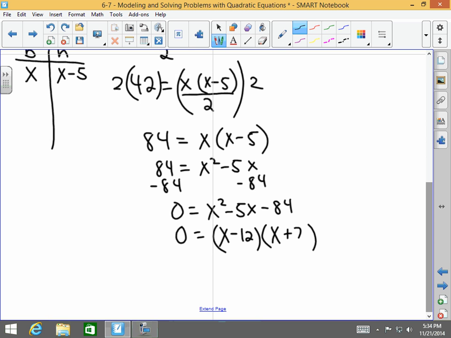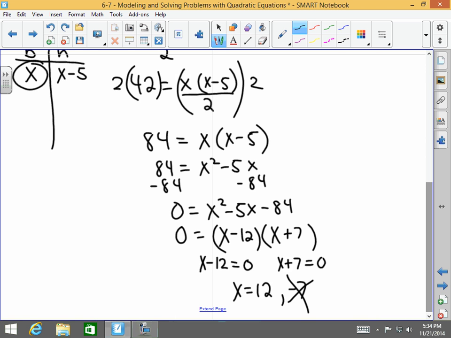So using the zero product property, x minus 12 equals 0, x plus 7 equals 0. So x equals 12 or negative 7. And again, I can't have a base that is negative 7. Okay, just can't happen. We can't have negative inches. So go ahead and get rid of that bad boy.